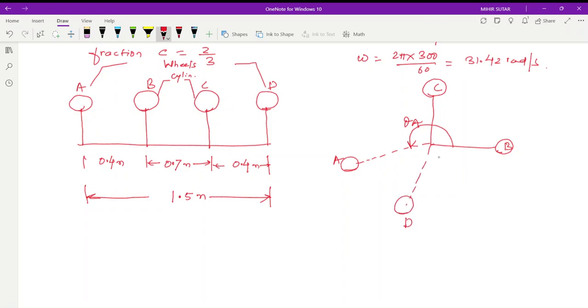D is somewhere here at an angle theta D.